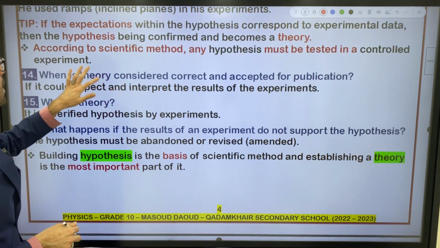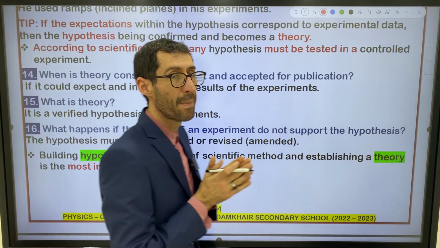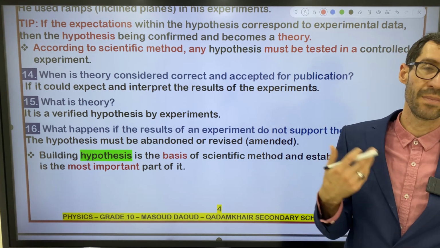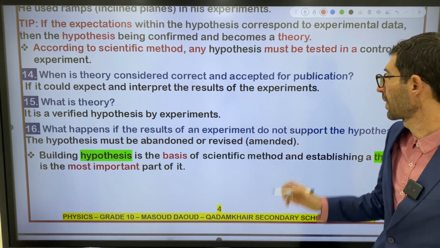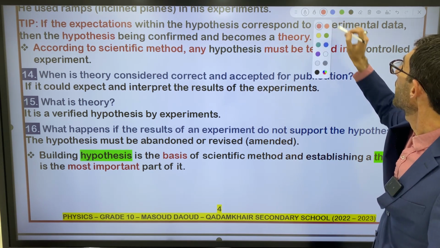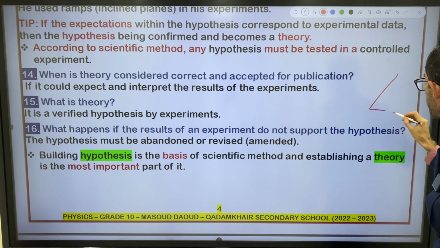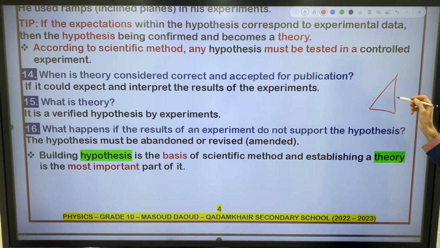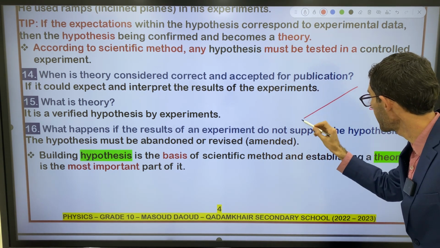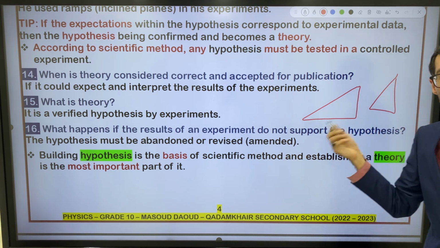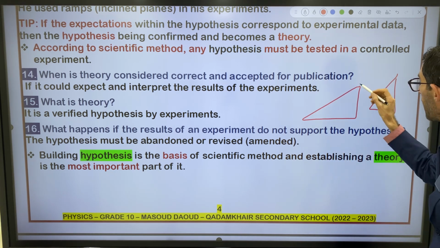And the steeper the ramp is, the closer the model is to reality. Let me draw an inclined plane for you. For example, this is an inclined plane, right? He used a ramp. Which one is more convenient for studying natural phenomena?